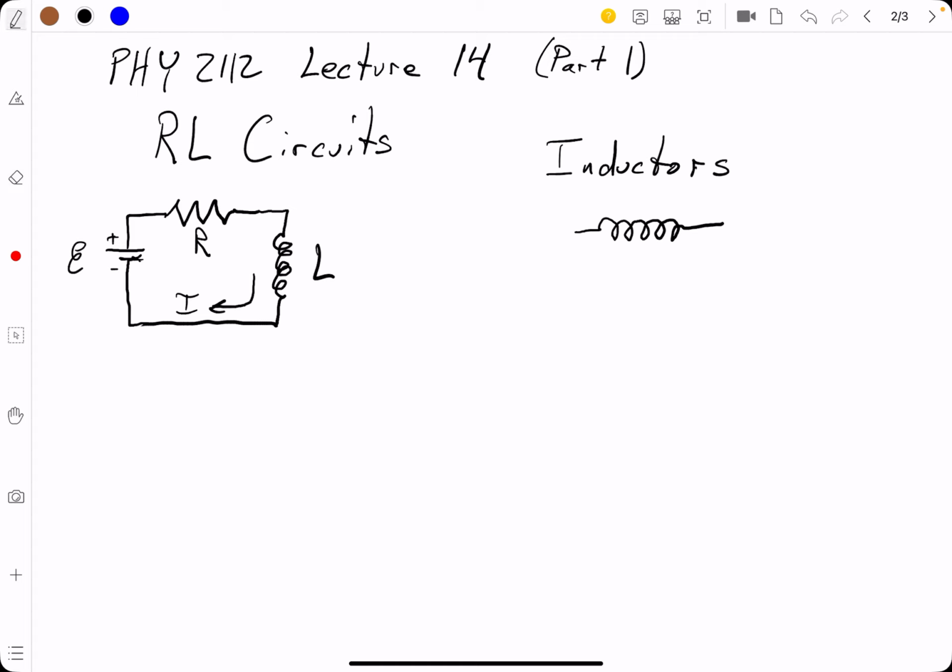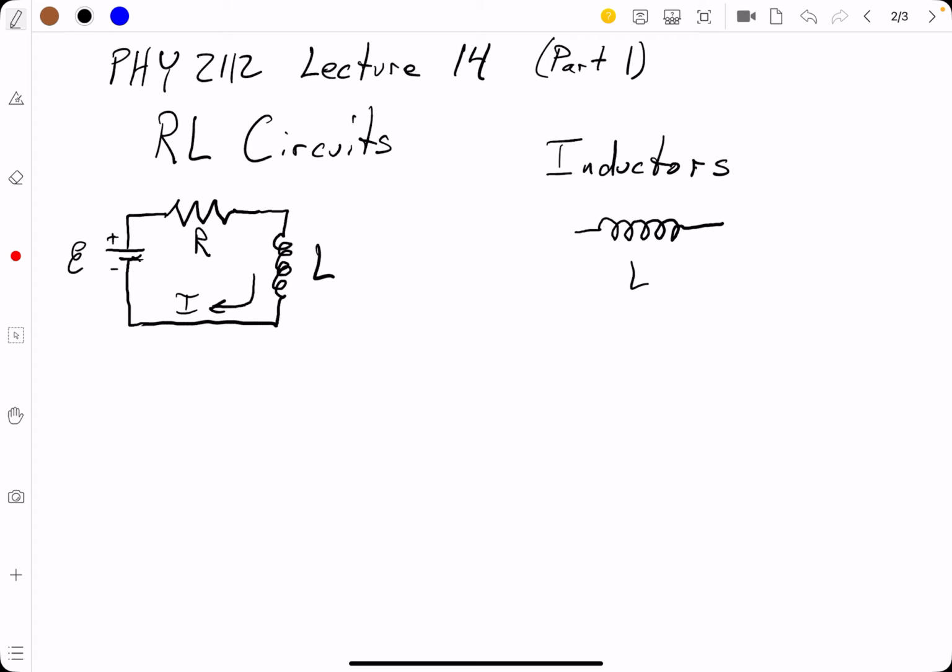I labeled it with L just so you could tell. We're going to do what we did with RC circuits, but this time RL circuits, and eventually we'll do RCL. So let's check it out.